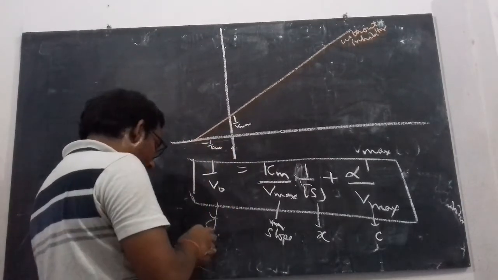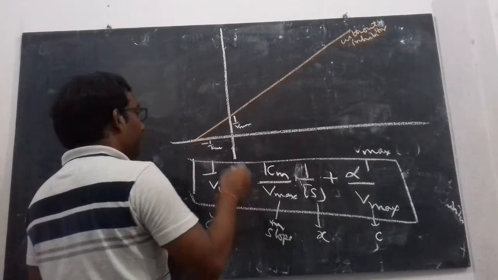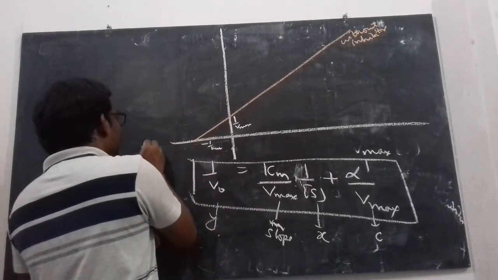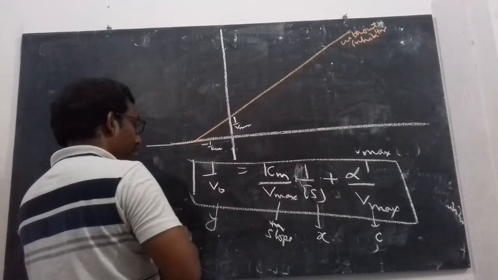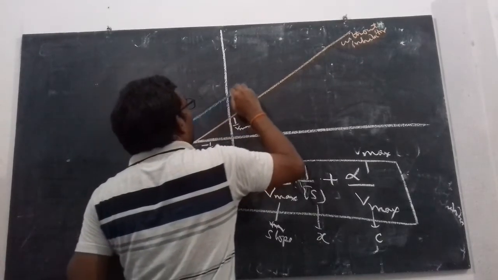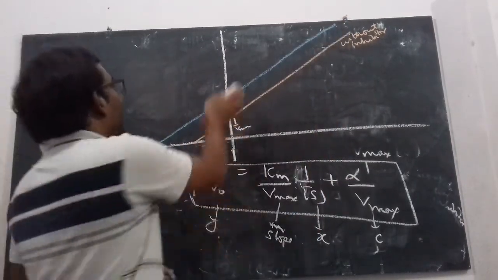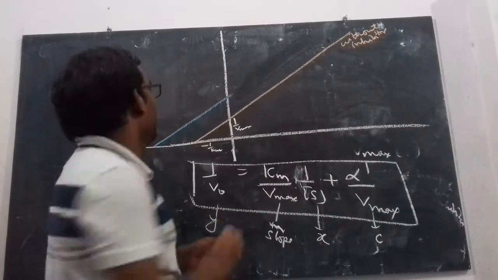But now, after the coming of the inhibitor, you could draw a parallel line.